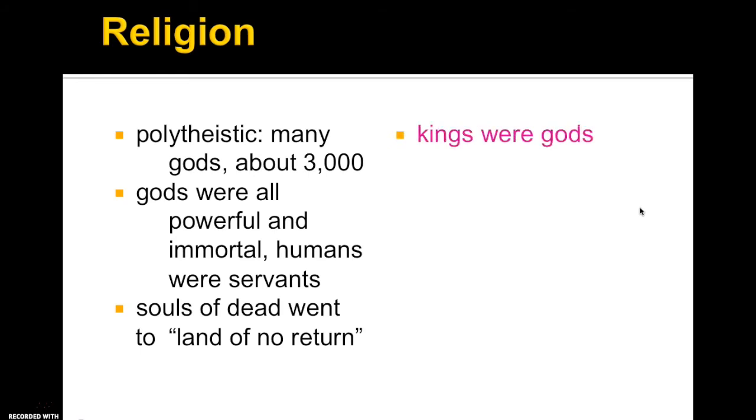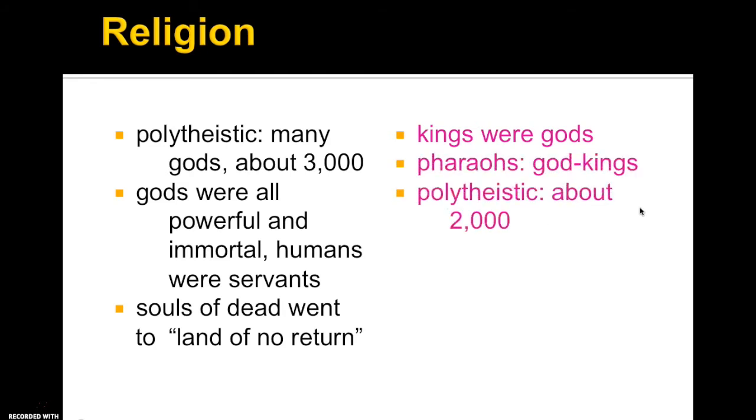Moving on to Egypt, kings or the pharaohs were the gods in the society, so they lived among the people. Like I said, pharaohs are the god-kings. The Egyptians are also polytheistic. As you see the word poly, that little prefix there, means many, and theistic, religion, so many gods. They had about 2,000 gods, and we'll go more in depth next class.